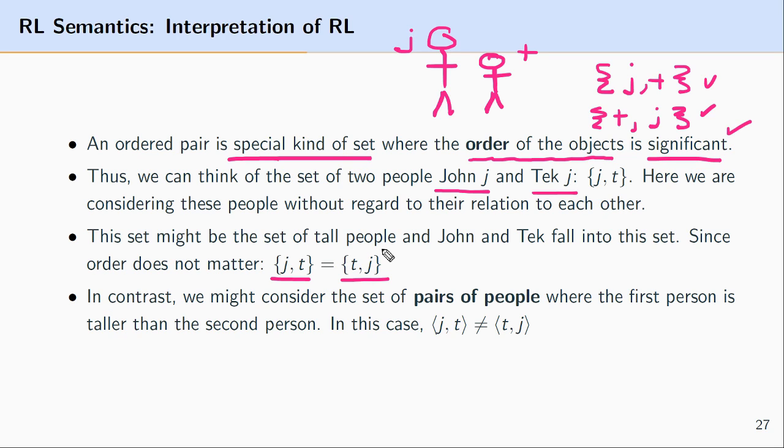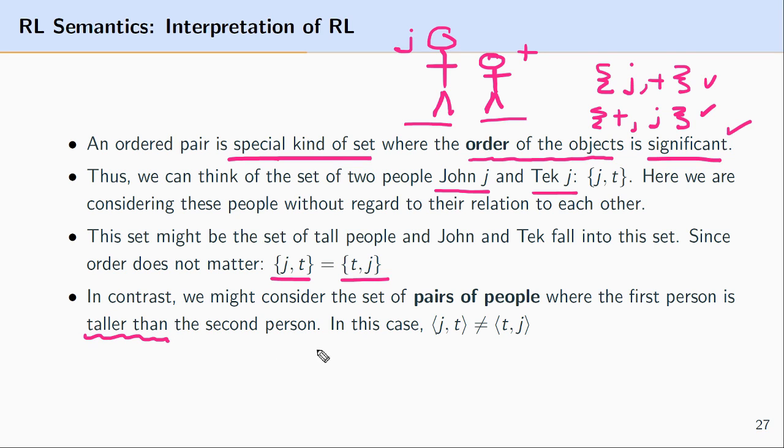But let's say we wanted to talk about a set of individuals where their placement or arrangement is important. We want to talk about a collection where the first individual has a particular type of relationship to the second individual. One example is the taller-than relationship.